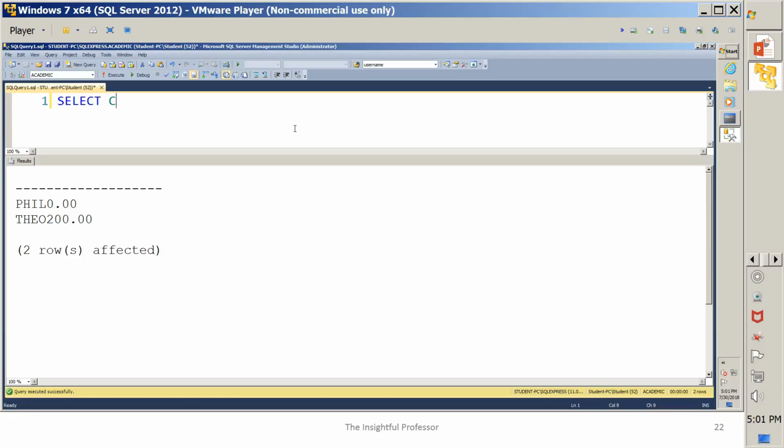So we have select cred divide by 2, kind of let the chips fall where they may, and then we're going to say cast cred divided by 2 as a decimal, and give that the title of cast after, and then we're going to select cast cred, convert that to a decimal, and then use that converted decimal and do a division by this integer of 2.